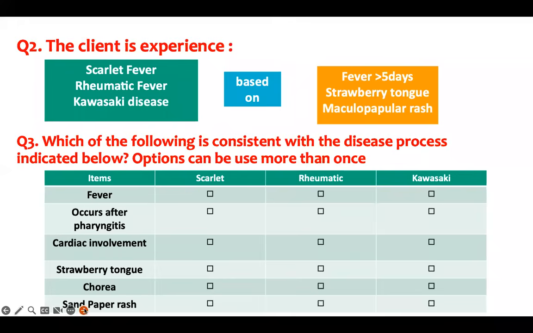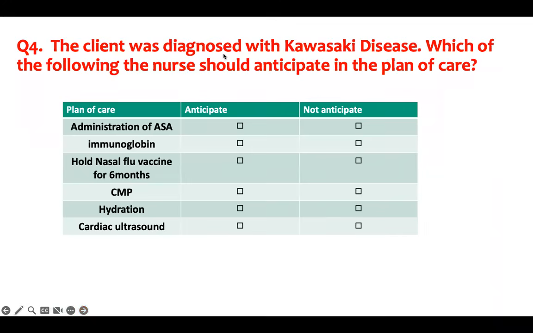So now we make a diagnosis. The client was diagnosed with Kawasaki disease. Which of the following the nurse should anticipate? Content, Kawasaki. What is the problem? The major problem with this is vasculitis.